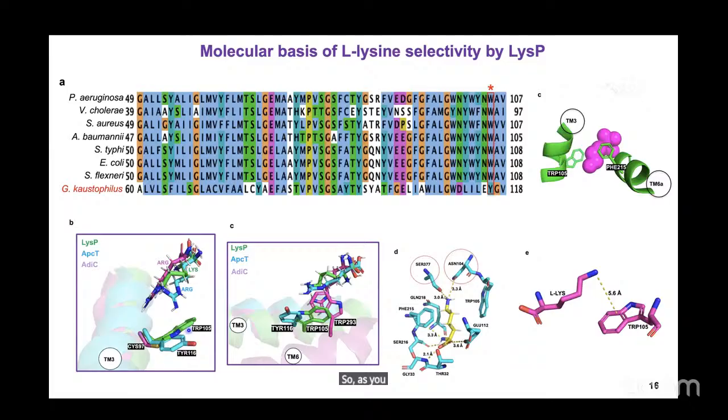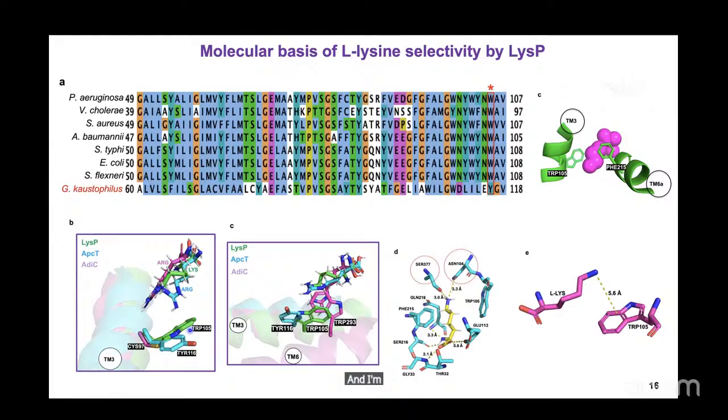As you can see here, the tryptophan extends right to this region. So this is how the protein has been able to specifically recognize lysine and not arginine.